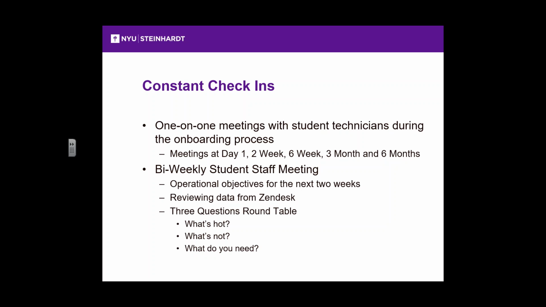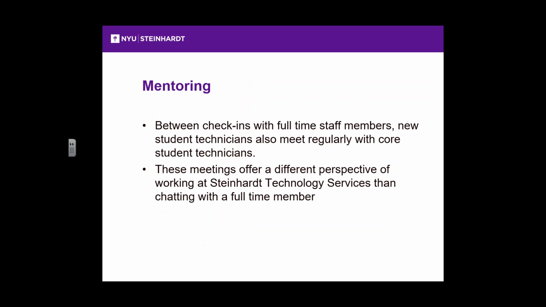In addition to these constant check-ins and the development plan, they have mentoring. Between check-ins and with full-time staff members, new student technicians also meet regularly with core student technicians. And in the first 2 weeks, the new student technician will be shadowing a core student technician.